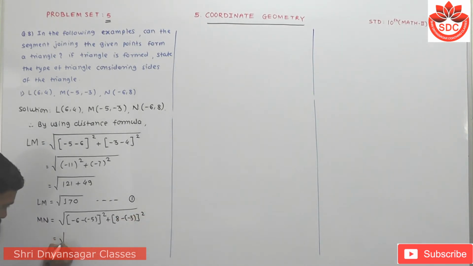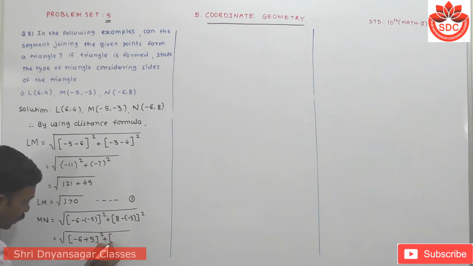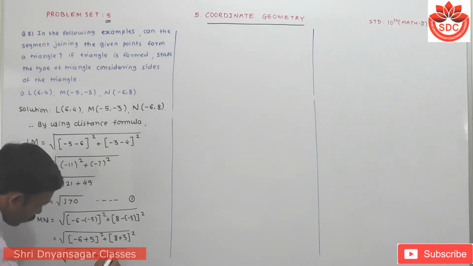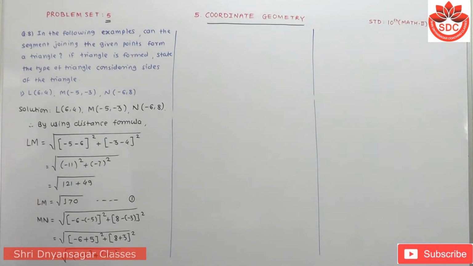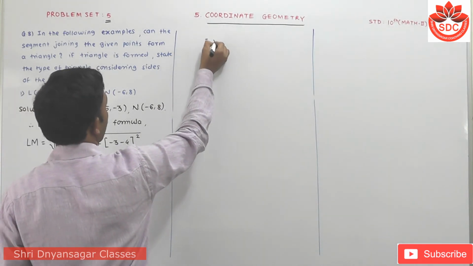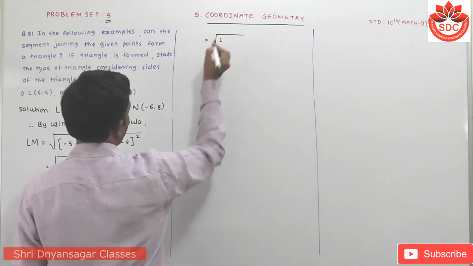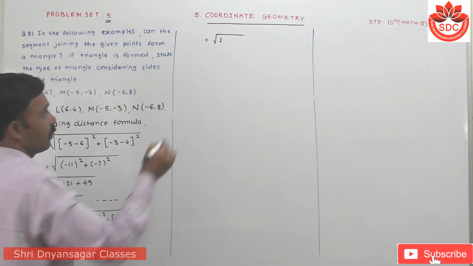Student, this value again is minus 6 plus 5 squared plus 8 plus 3 squared, which is minus 1 squared plus 11 squared. Then 1 squared is 1, 11 squared is 121.